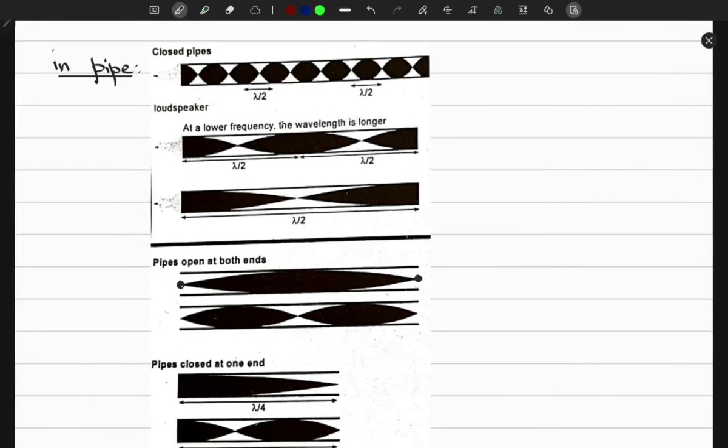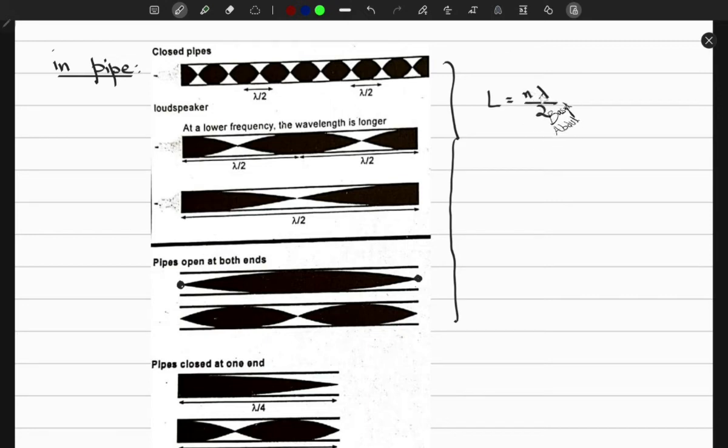For the pipes which are open at both ends or closed at both ends, the length of the pattern being produced inside the pipe is n lambda by 2.